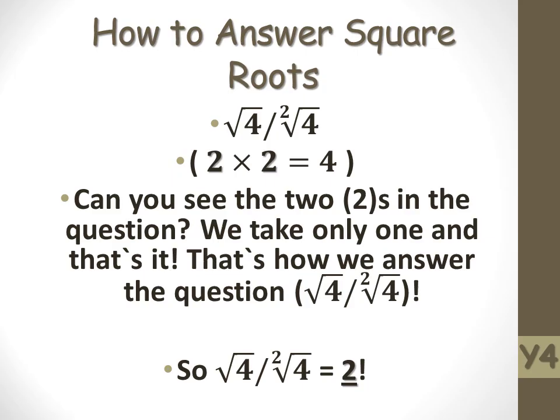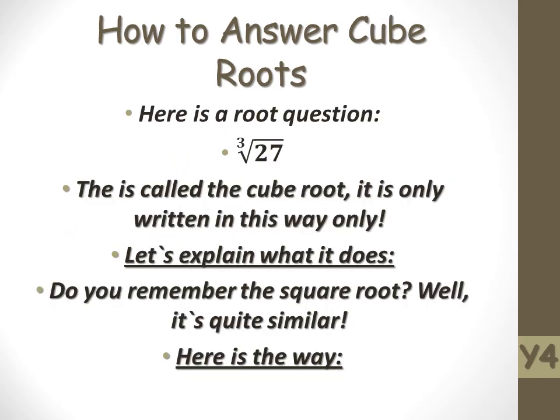Well, the answer is one of the 2's. Do you see the two 2's? We take one of them, one only, and we put it in the answer. So the square root of 4 equals 2. That means 2 times 2 equals the number under the square root, which is 4.